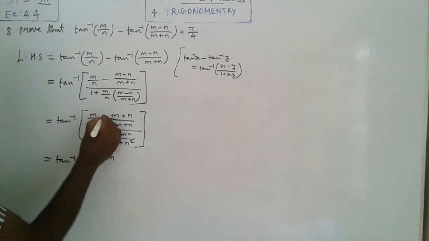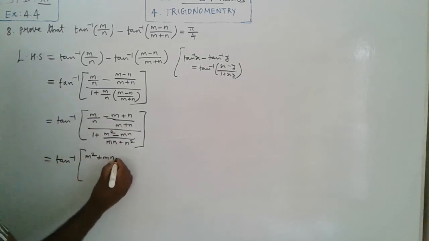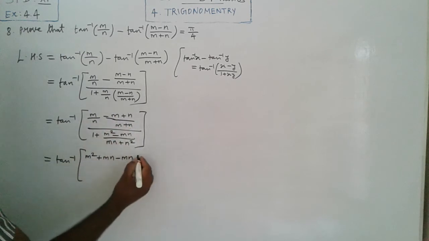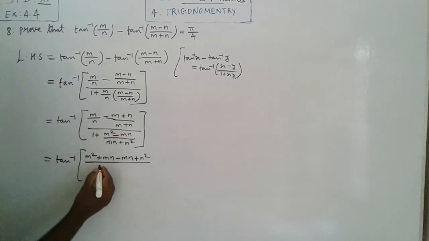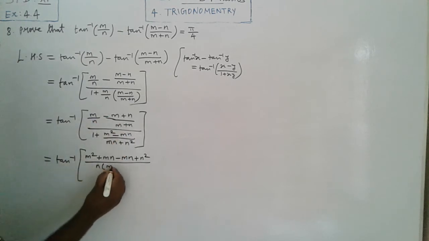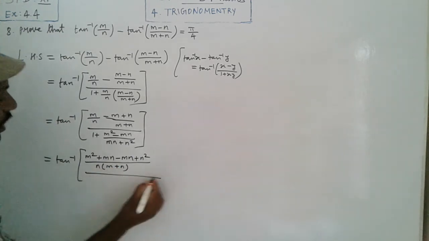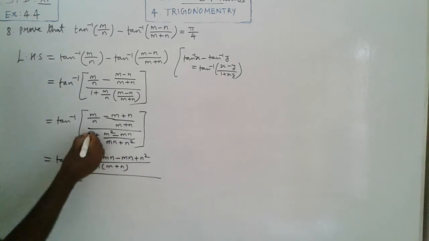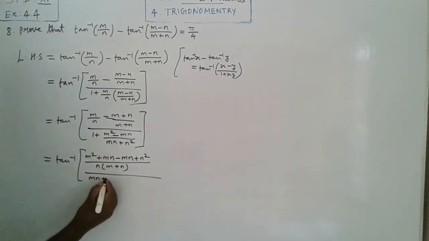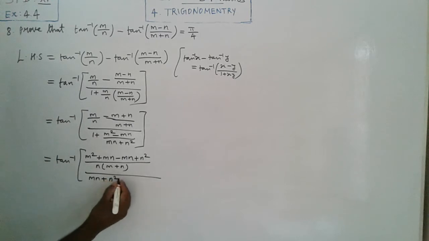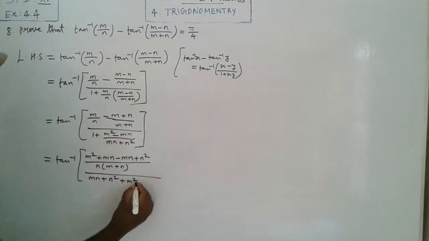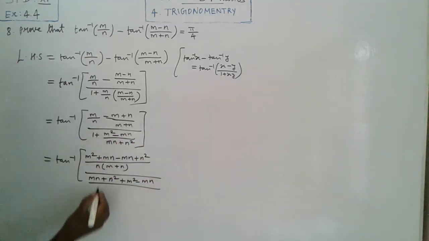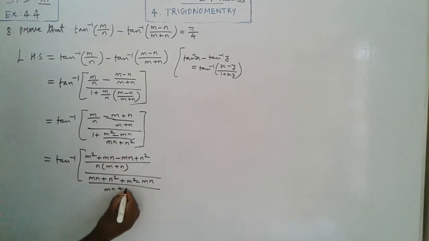Now cross multiple here: minus m into n is minus mn, n into n is plus n square, divided by n into (m plus n), n into (m plus n) is the LCM, divided by, cross multiple here: 1 into mn is mn, plus n into n is n square, plus m square minus mn, divided by mn plus n square.